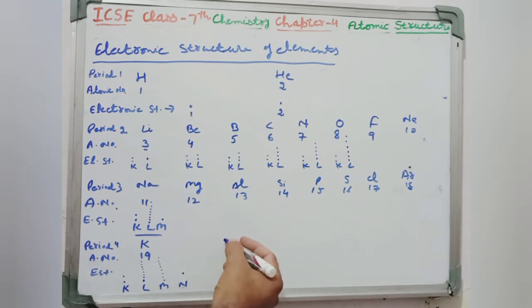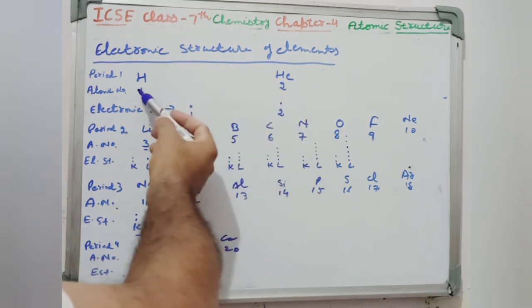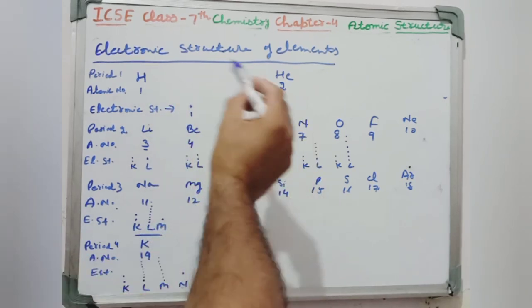In the same way, you can make the electronic structure of calcium, right? So this was the electronic structure of calcium. The last shell is called the valence shell, and the electrons in it are known as valence electrons.